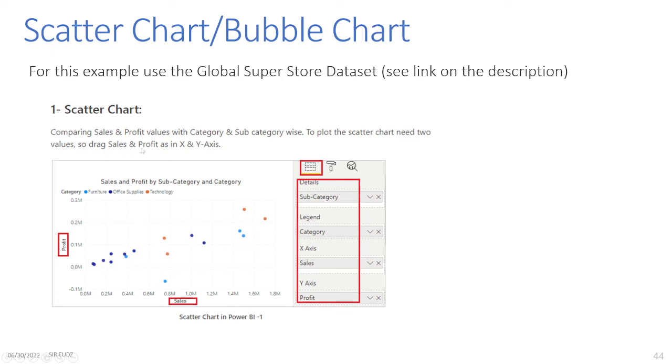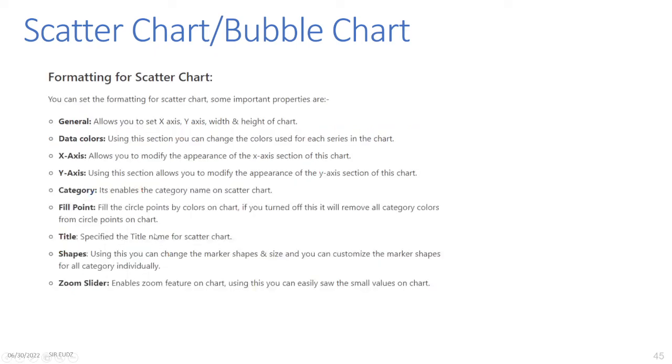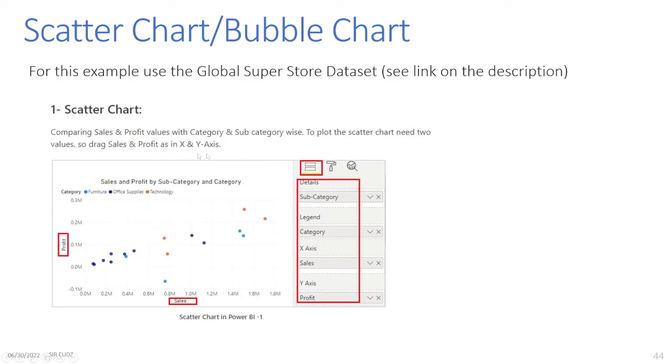So drag sales and profit to the X axis and Y axis. And then for legend, we have category. For details, we have subcategory.